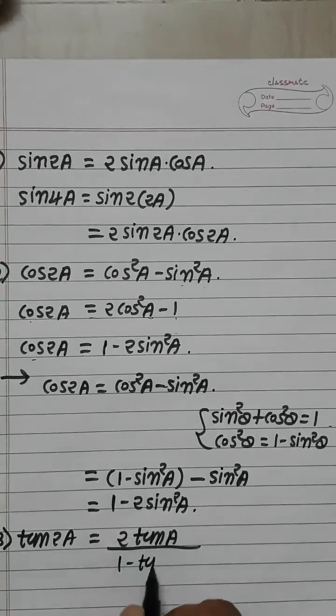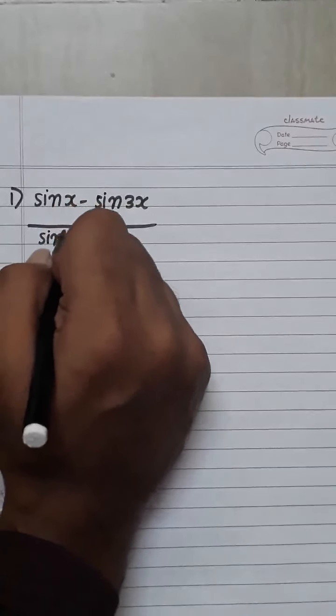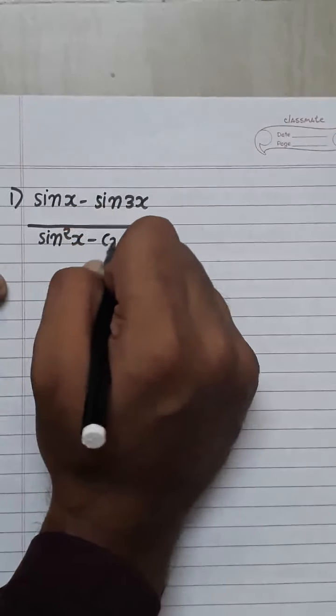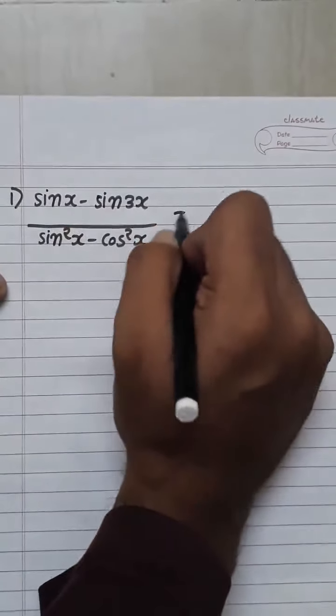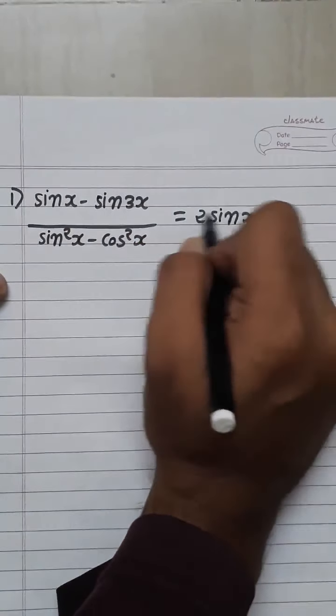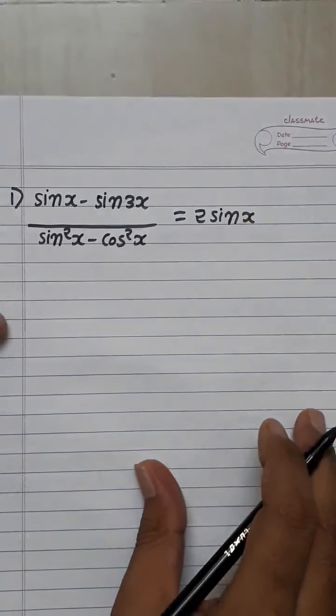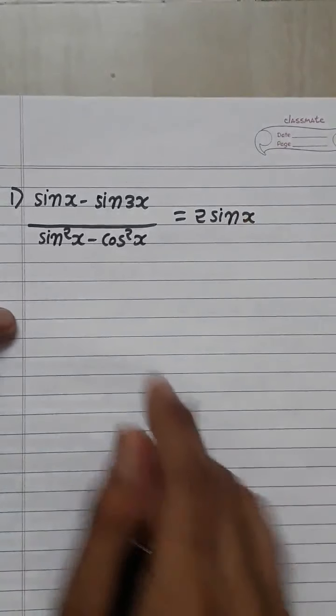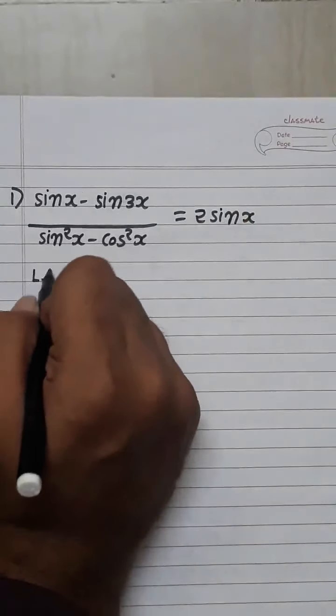Sin x minus sin 3x upon sin square x minus cos square x, and prove that it equals 2 times sin x. So first of all, in the numerator and denominator, in both terms we can take the minus sign common.